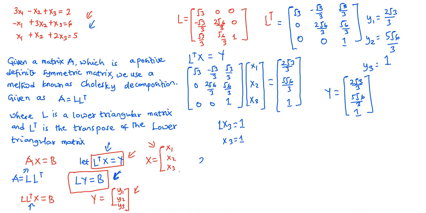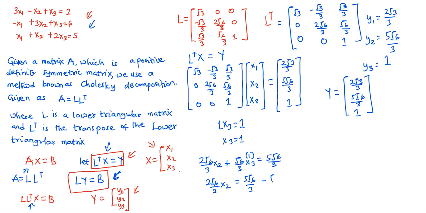We have 2 root 6 on 3 multiplying x2, plus root 6 on 3 multiplying x3, equal to 5 root 6 on 3.